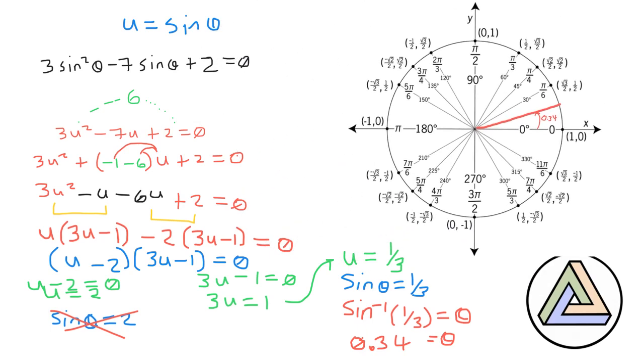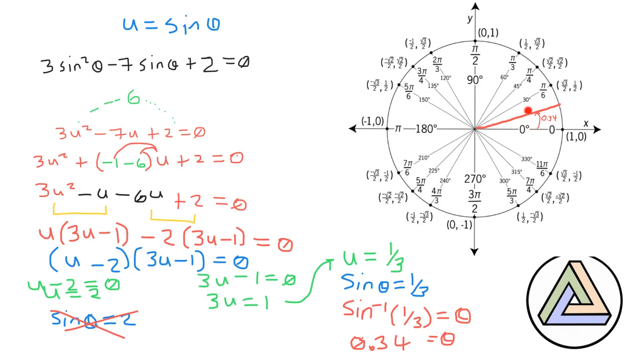The reason I am talking about that is because we know that one of our answers is going to be 0.34 radians plus 2 pi k, because sine functions have a period of 2 pi. So one of the answers is most definitely going to be 0.34 radians and then a full revolution around every single time.